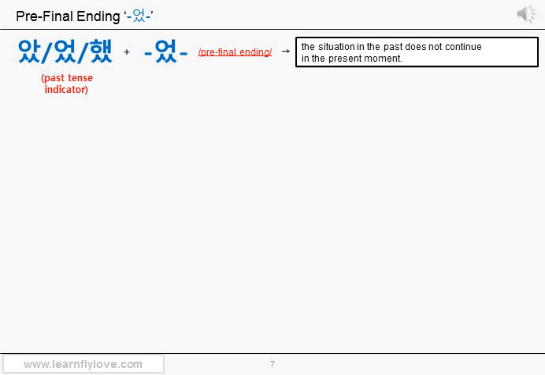This pre-final ending is always 었. So when you use it with the past tense indicator 었, it's 었었, 어섰. So it can be a bit confusing for you, but they are clearly different elements. Then let's compare the sentence with just the past tense and the past tense with the pre-final ending 었. Please see this Korean sentence.